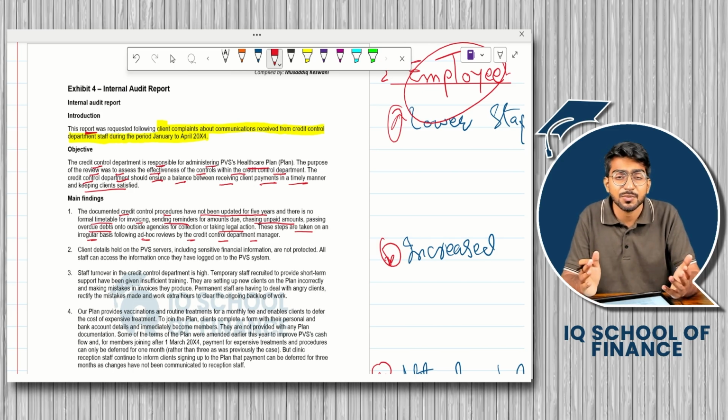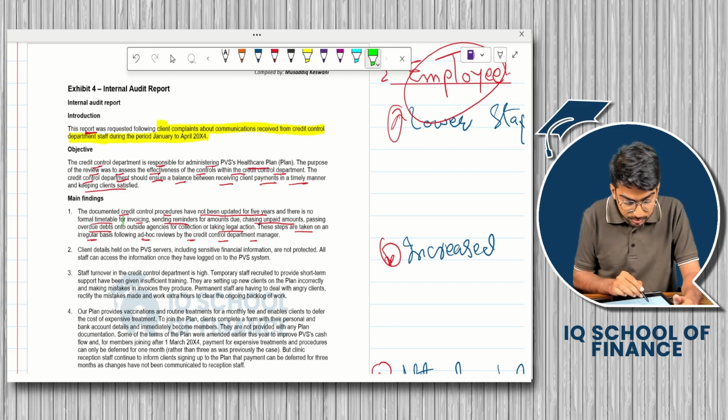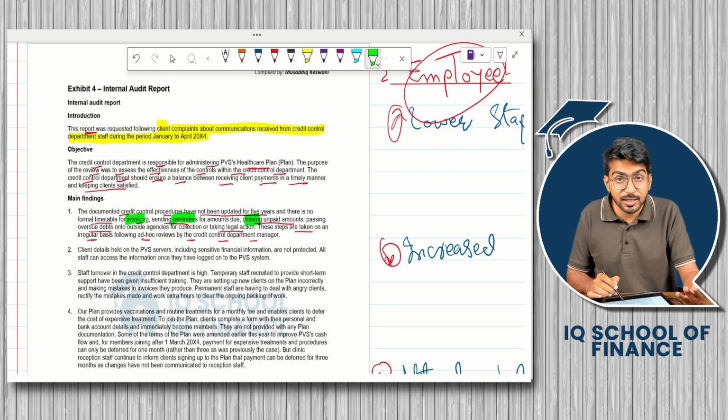There is no job description, there is no responsibility to anyone, right? Then the number one thing, when the invoice would be issued, when the reminders would be sent, when we will chase the unpaid amounts, and when we will do some action for the overdue amounts, like we are going to sell the receivable to outside agencies to recover them, or we are going to pursue legal proceedings against the customers who are not paying our debt.